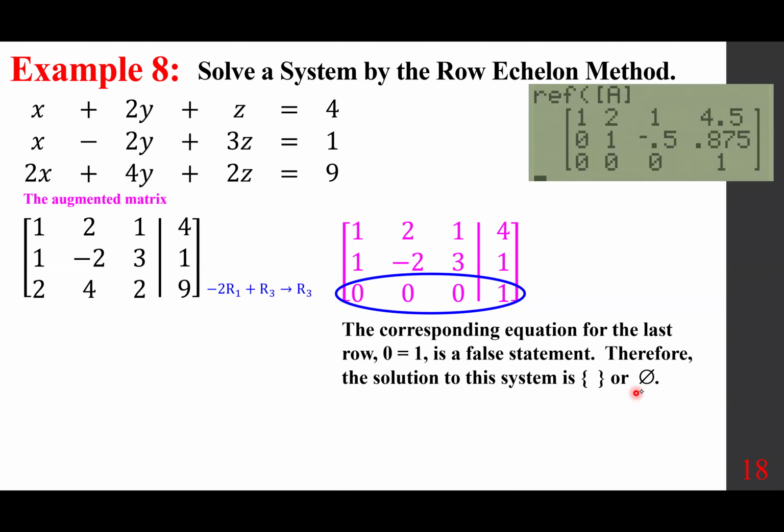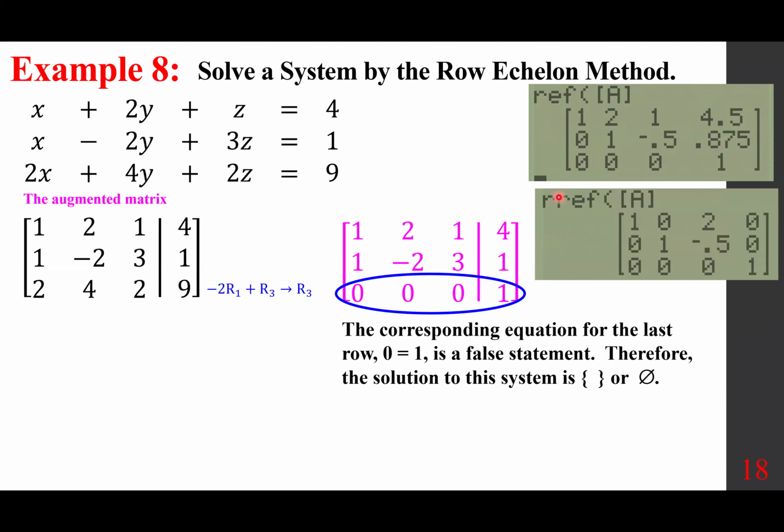If you were to put that into a calculator, it would give you this. And notice that this row echelon form is different than ours. If you put REF, the same thing happens.